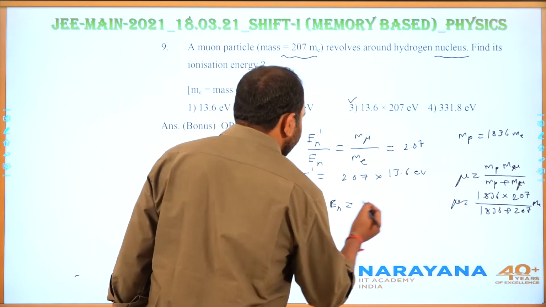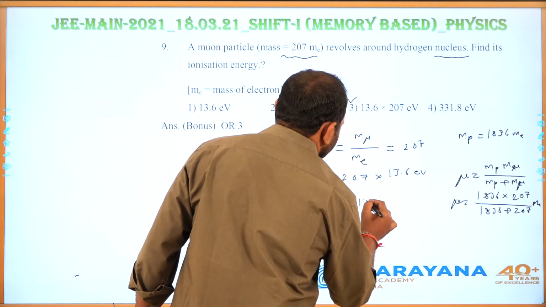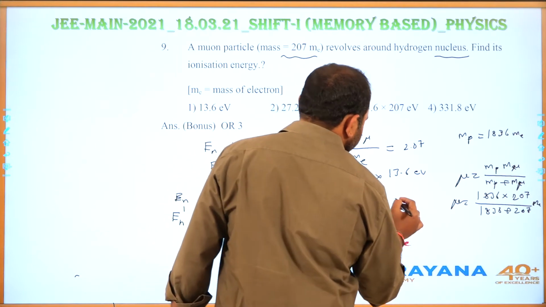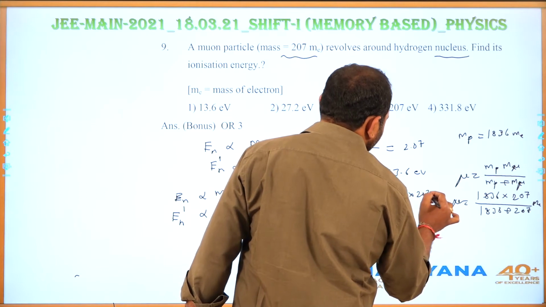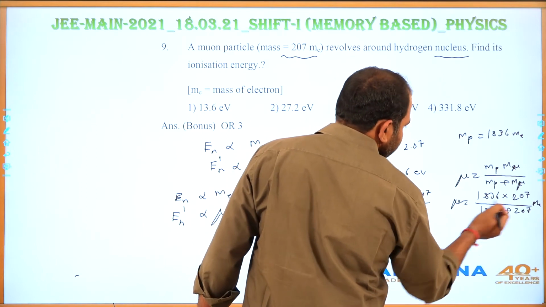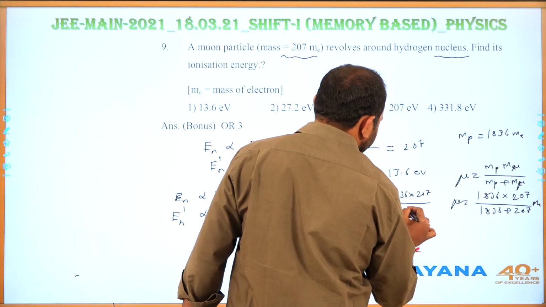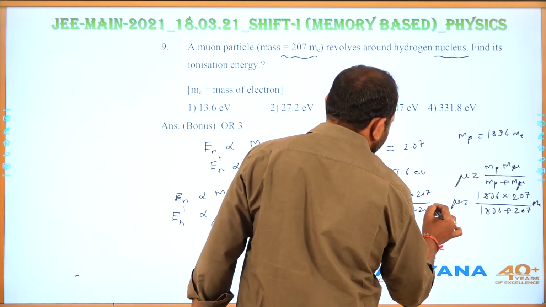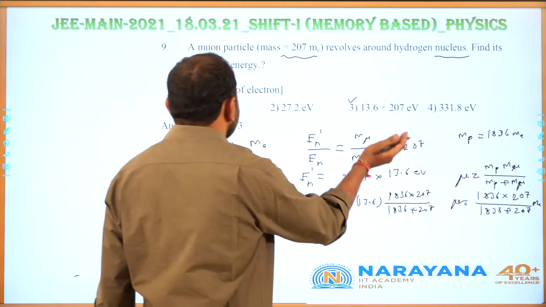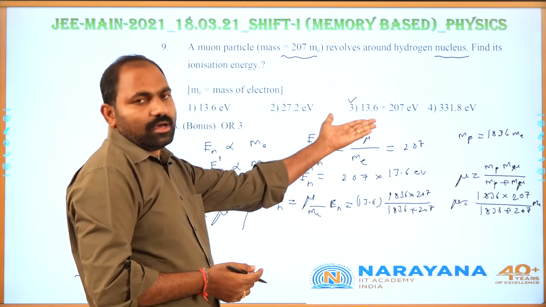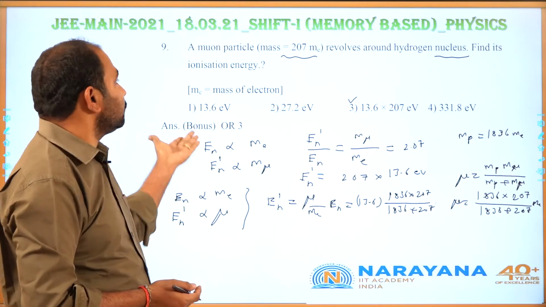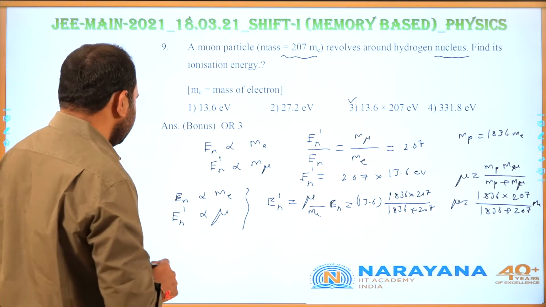So it can be rearranged as 13.6 times 1836 into 207 by 1836 plus 207. This particular value is not given in the options. So let us see, it may be the third option or they may delete this question. Let us go to the 10th question.